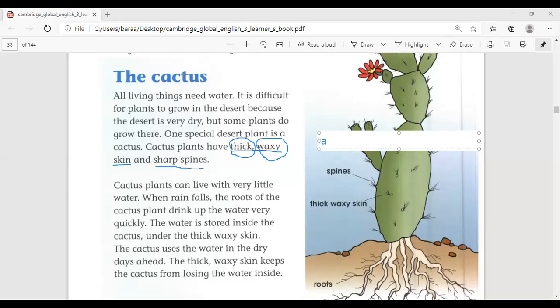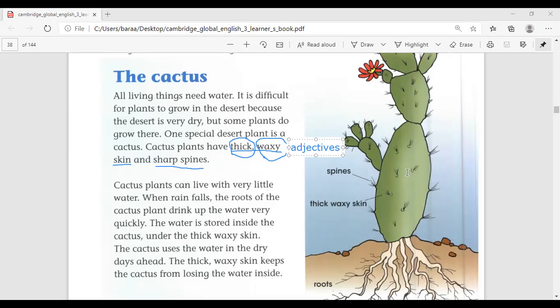So let's write here next to them, adjectives. We use them to describe the skin of the plant. So these are adjectives used to describe the skin of the cactus.